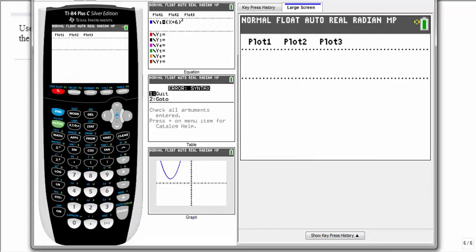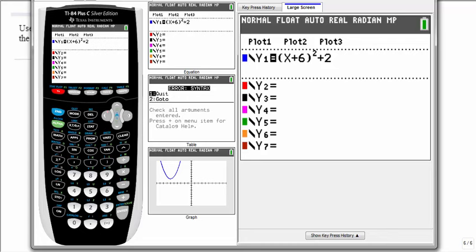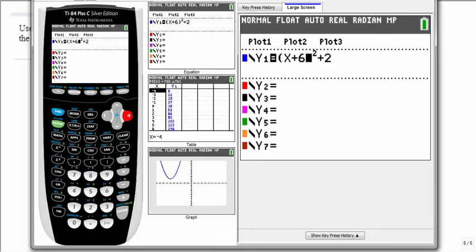Oh, that's not the right graph. This is x plus 6 quantity cubed. I put squared up here. So let's get a cube up here. I'll change that to a cube. Now this will look better.